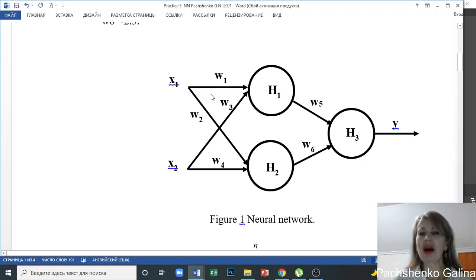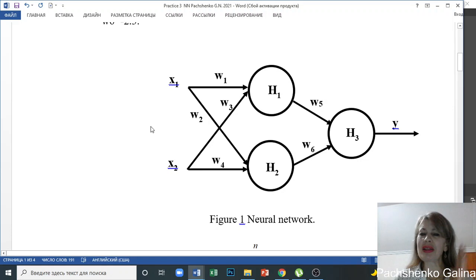Here we have 2 inputs, input 1, X1, and input 2, X2. And we have here 2 layers. Layer 1 consists of 2 neurons, and layer 2 consists of 1 neuron.